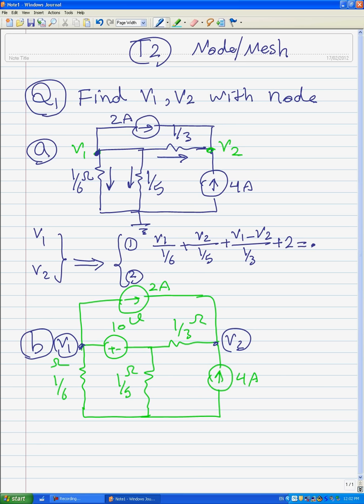Important concept, if the direction of 2 amps changes to this direction, we should put here minus 2 amps. Right now for this direction, here we have 2 amps.